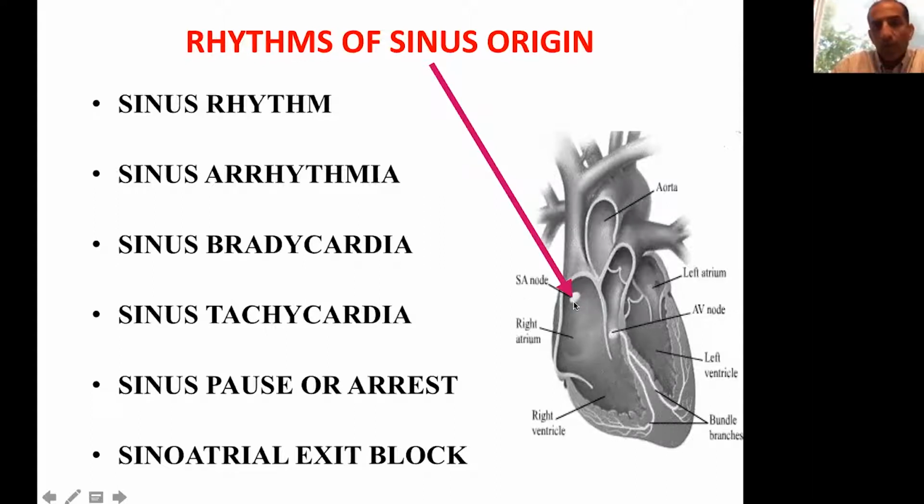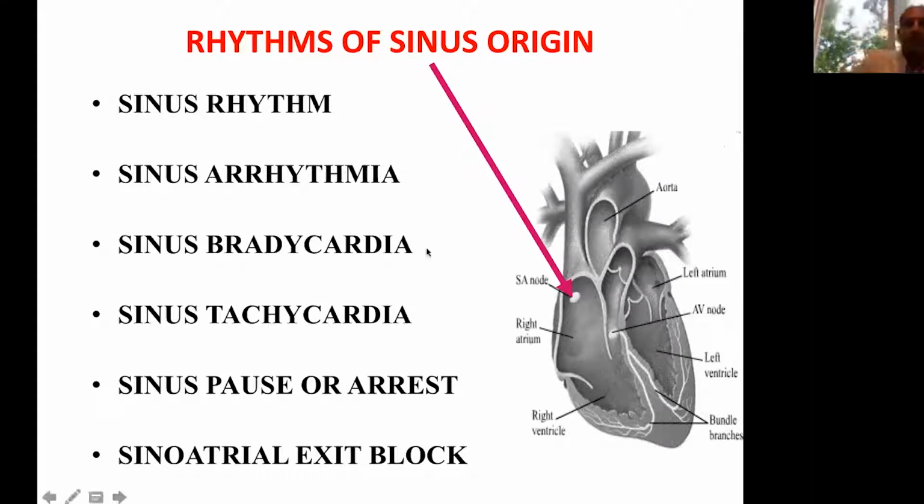You can have problems of the sinus node. If it is normal, we call it normal sinus rhythm. If there is variation in the P to P interval, we call it sinus arrhythmia. The normal sinus rate is generally thought to be between 60 to 100 beats a minute.